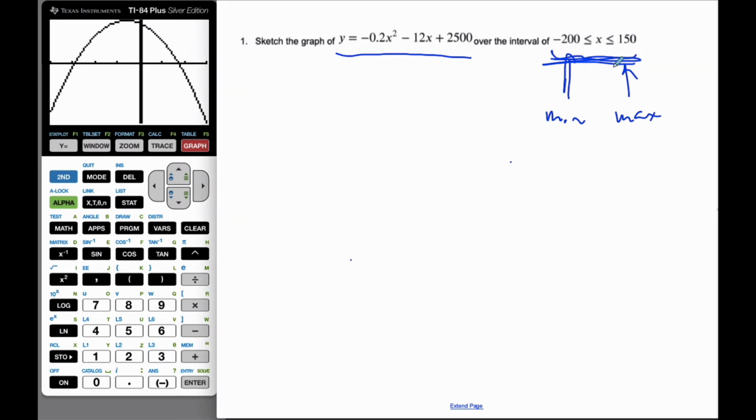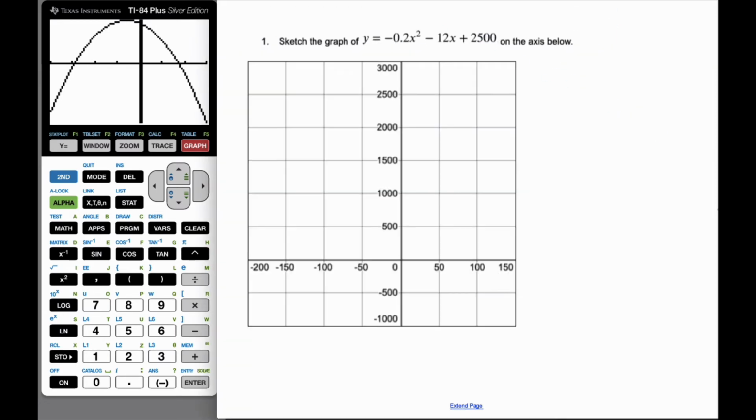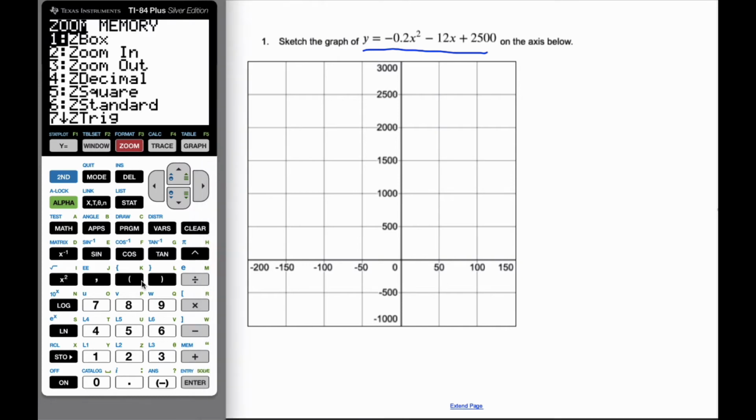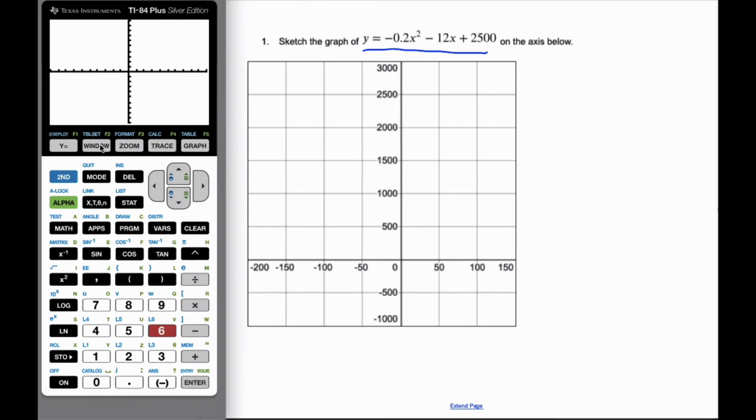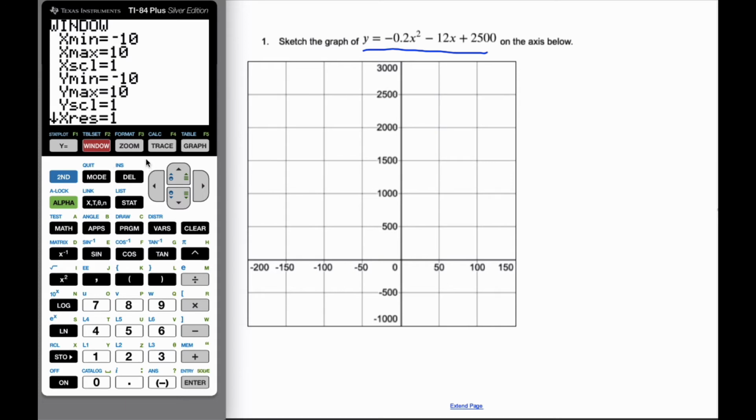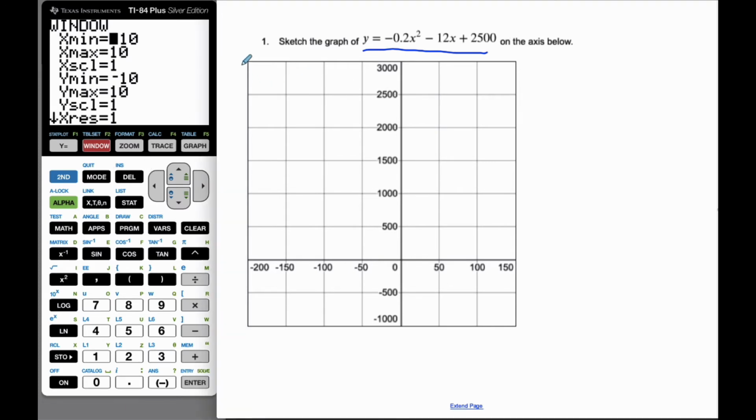But sometimes they ask in a different way. Sometimes they'll give you this same equation, and they'll say graph it on the axis below. Typically students just go zoom 6, and then they start to play with the window to try and do it. They're missing the fact that there is a great big giant hint given to them in the question.